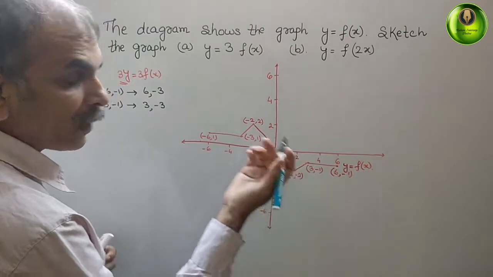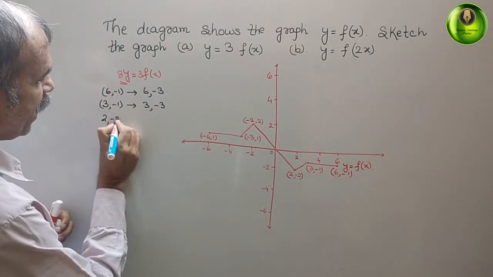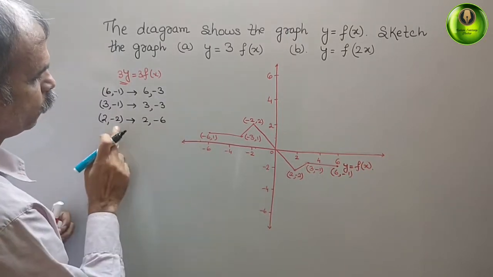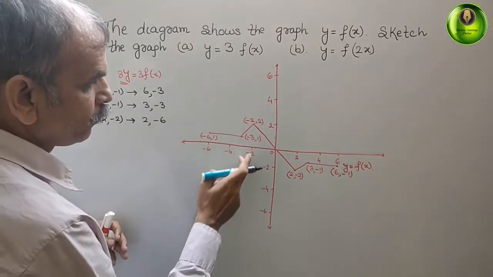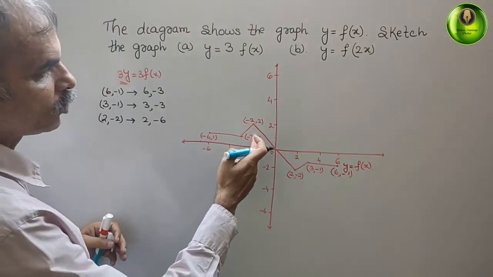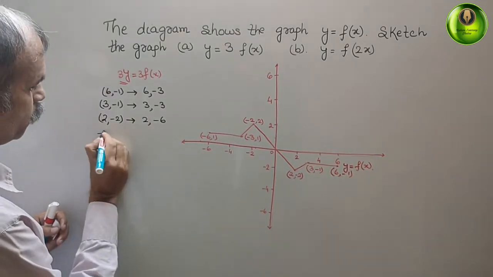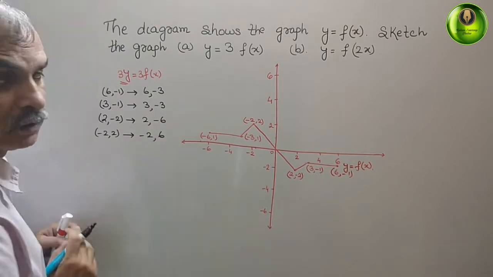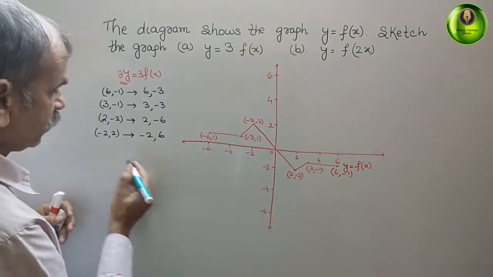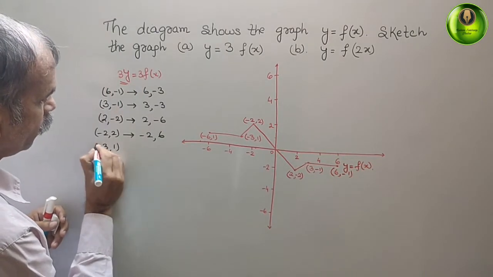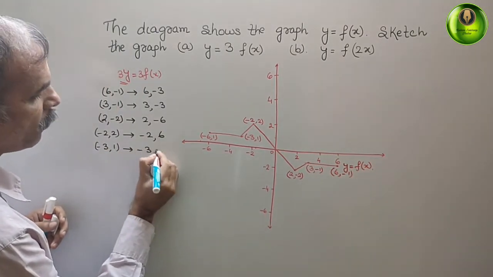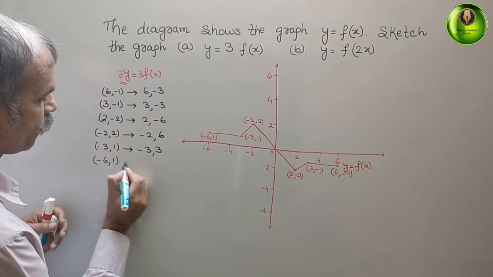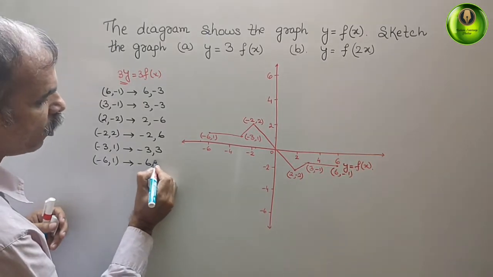Next, 2 comma minus 2 will be 2 comma minus 6, 2 into 3 is 6. Next, minus 2 comma 2 will be minus 2 comma 6. Minus 3 comma 1 will be minus 3 comma 3. Minus 6 comma 1 will be minus 6 comma 3.